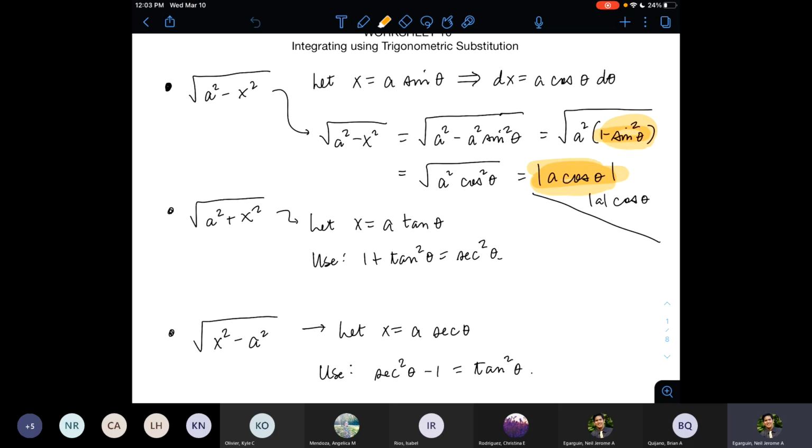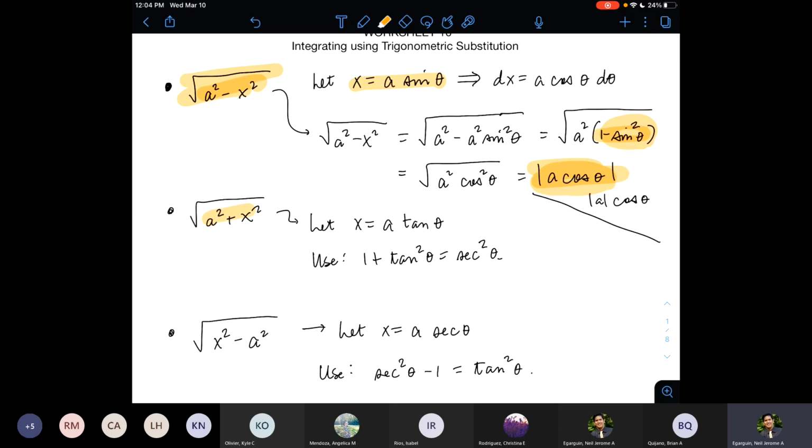So for instance, if you have a squared minus x squared inside the radical, then letting x be equal to a sine theta will let us take advantage of the identity 1 minus sine squared theta equals cosine squared theta. And since you have a cosine squared theta after some manipulations, then the square root will be gone.